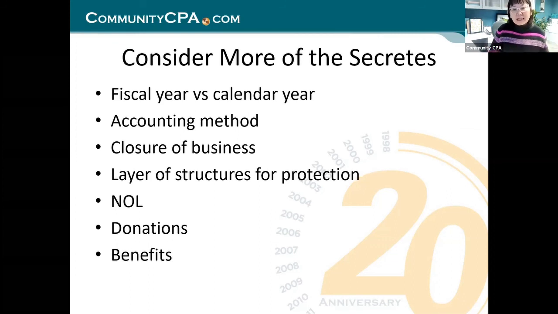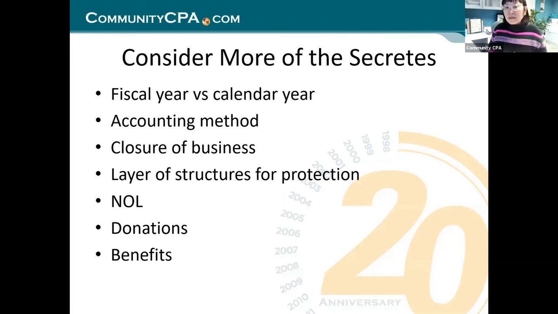When you have a business entity, you want to see whether it is necessary to just go from January to December, or maybe from July to June. Those fiscal years can help you delay taxes or make your tax due more efficient.